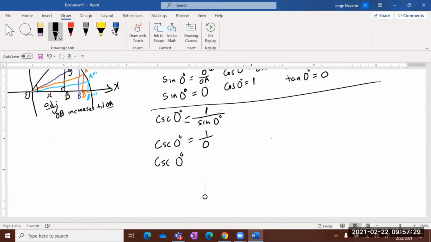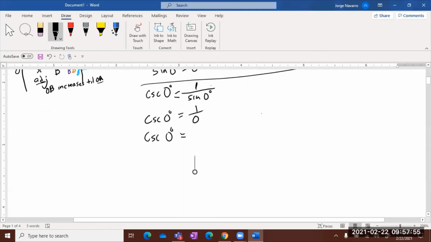Now, any number divided by 0 is what? Error. Or like not possible. We call it undefined, right?